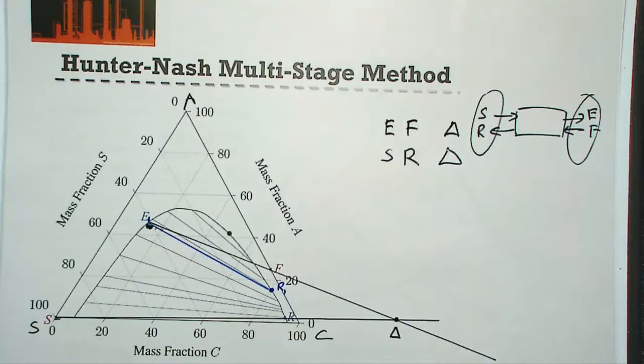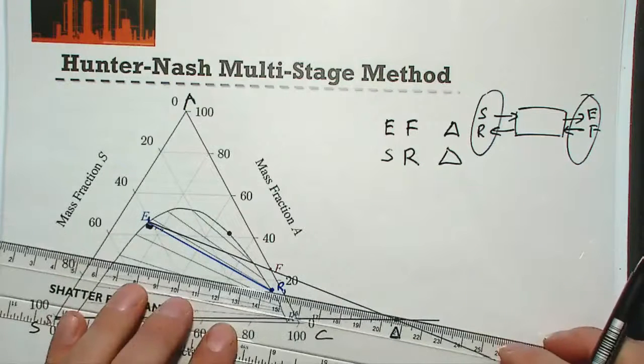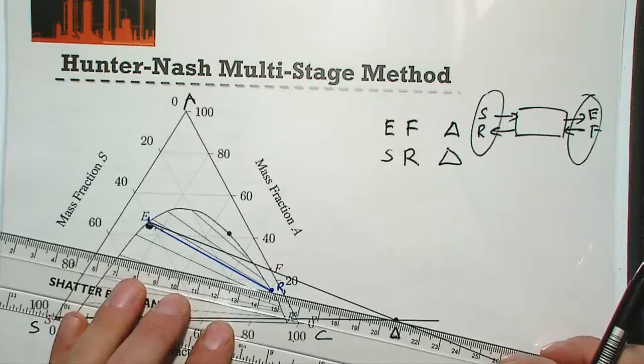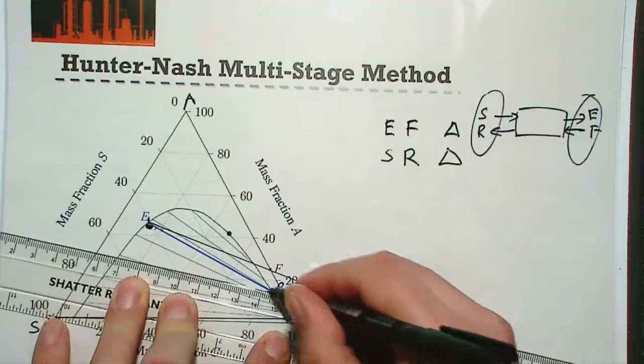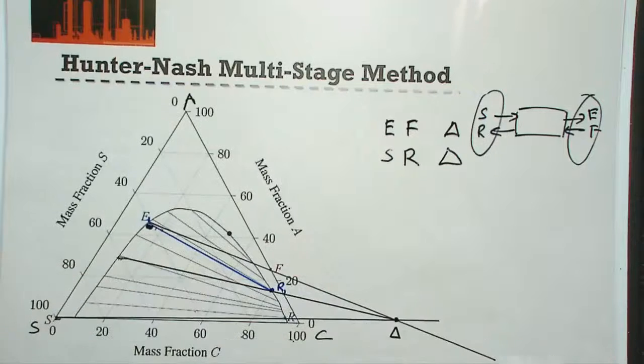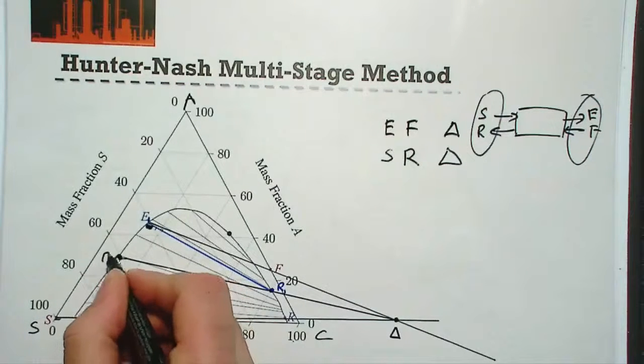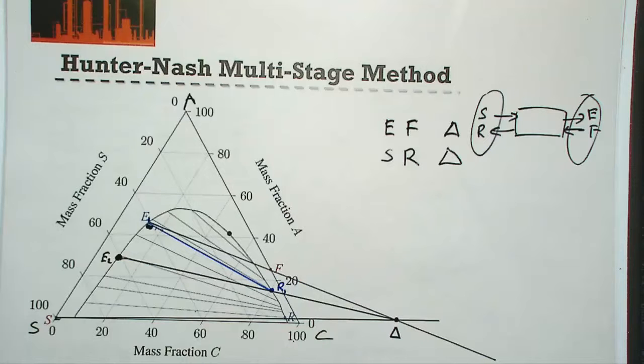So then, when we've got our raffinate out of our first stage, we then again know we can link that to the extract from the second stage using the operating line again. So what we do is we use our operating point and our raffinate composition, and we draw this across, and we can define our second extract point.